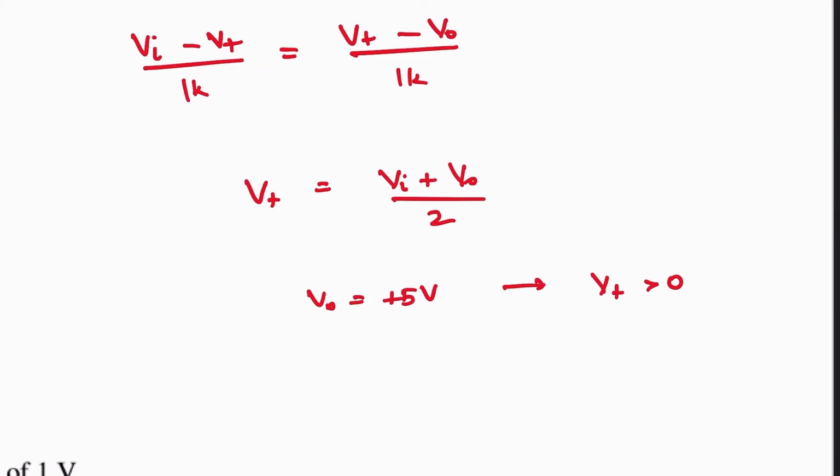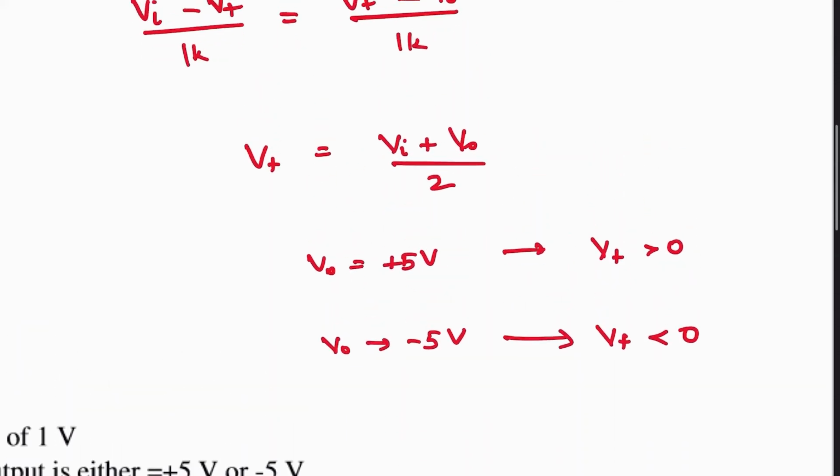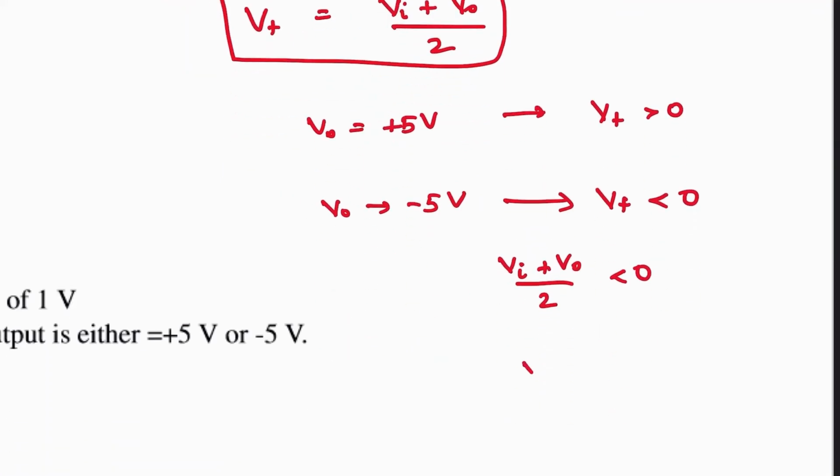Now, to make V0 go to minus 5 volt, we would have to make V plus go less than 0. Plugging in V plus, we get (Vi plus V0) by 2 less than 0, or Vi less than minus V0.